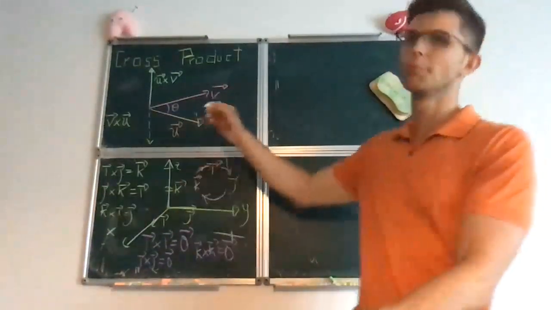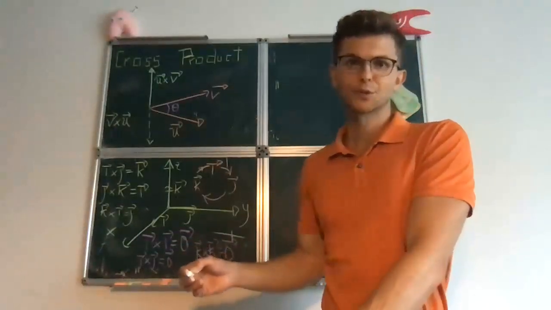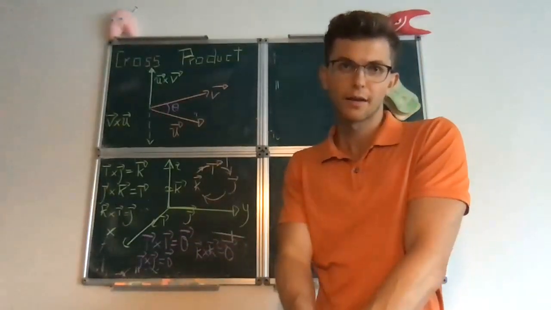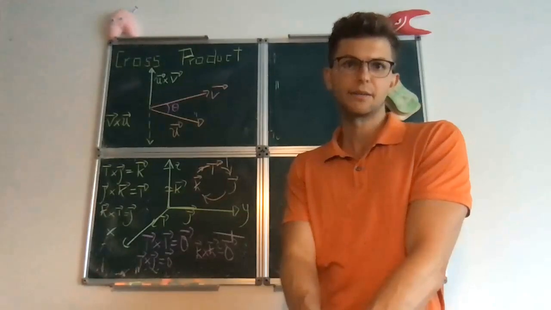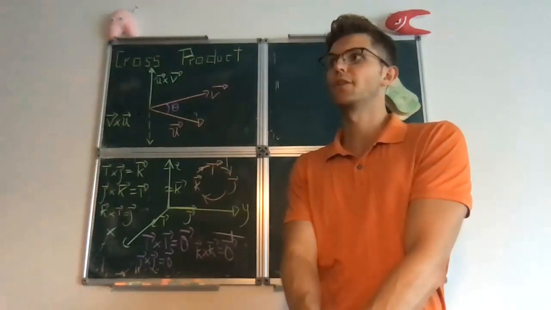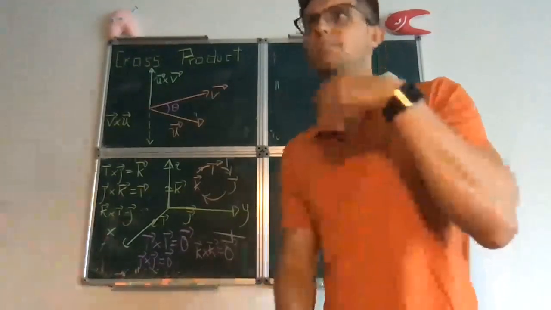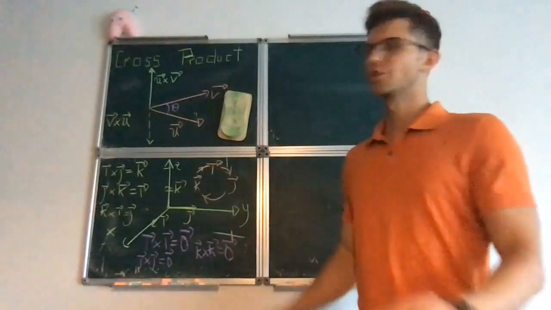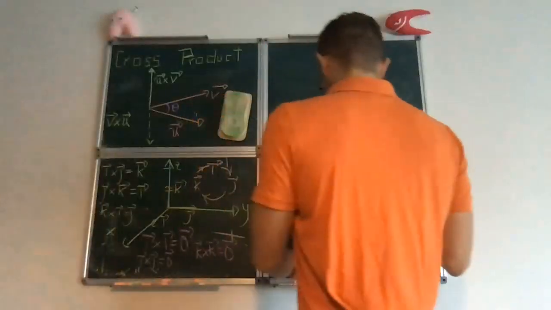So with this in place, we can actually try to figure out the formula for the cross product in the same way in which we found the formula for the dot product many videos ago. So how do we find the formula?